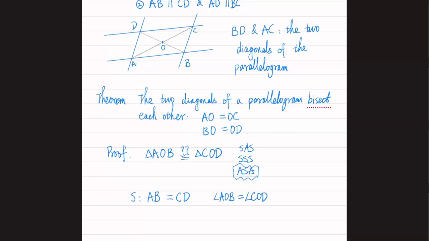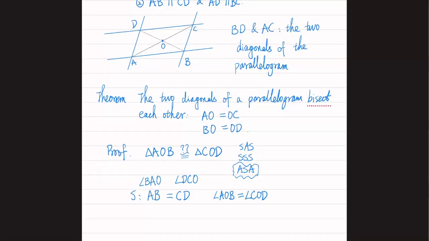I see angle BAO, angle DCO. I knew it. Okay, Aaron, yes. I was going to say BOA, but yeah, I guess that works too. I was going to say that same angle, but in a different way.